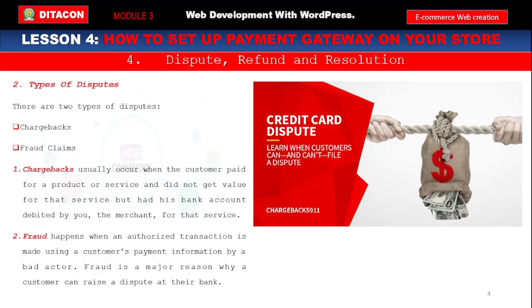value for that service, but had his bank account debited by you. So you are the merchant, your system debited the person, and at the same time the product or service was not delivered.